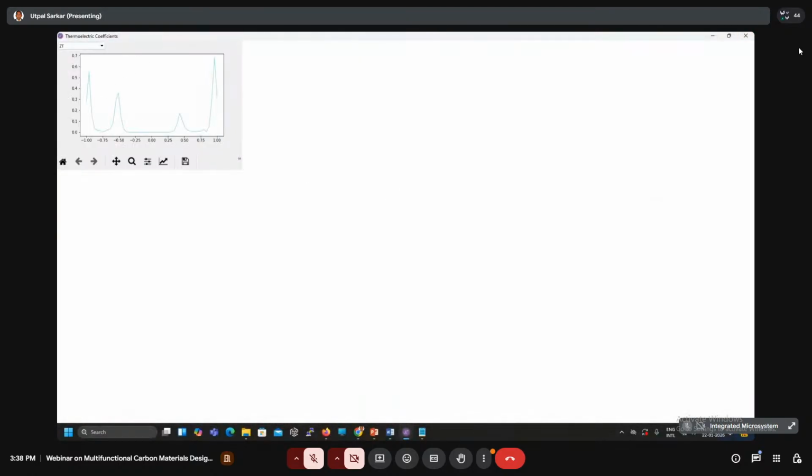This is the total thermoelectric figure of merit. And this is the thermal conductance due to electrons, due to phonons, and the total thermal conductance. The Seebeck coefficient and other properties will not change because these are all due to electrons, and depend on the electronic part.